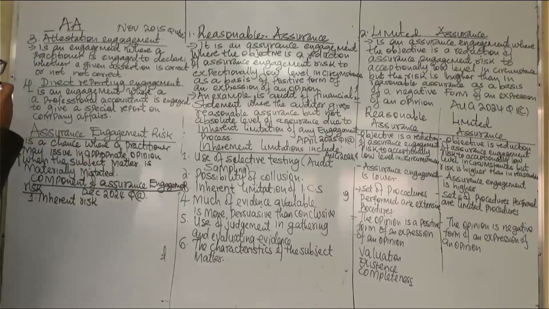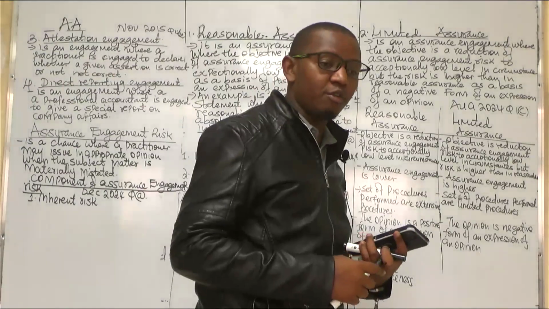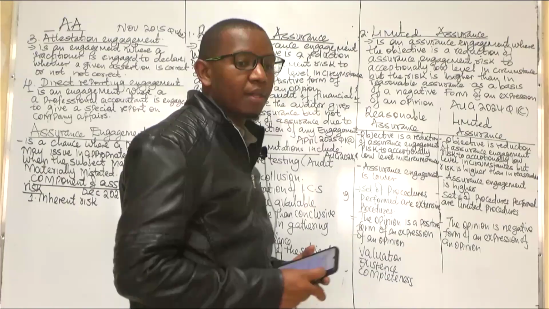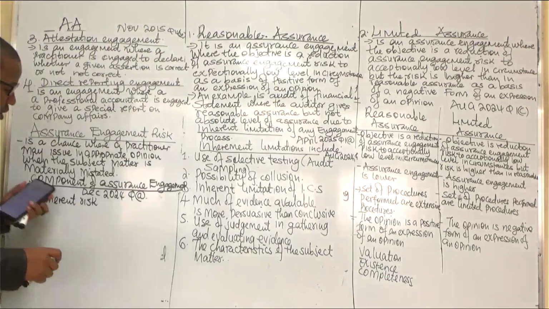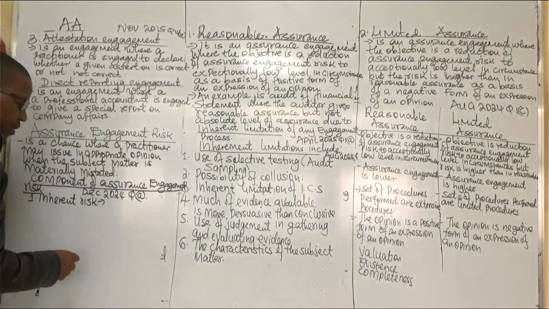They were talking about the audit risk, which is just the same as I've said. Audit risk is also the assurance engagement risk. So this number one is the inherent risk.